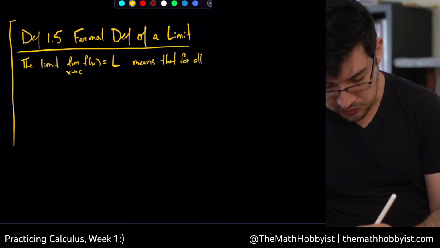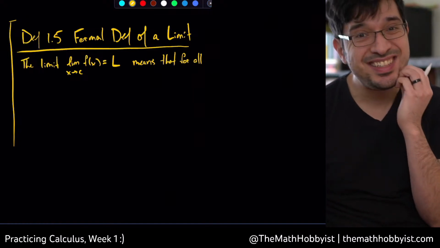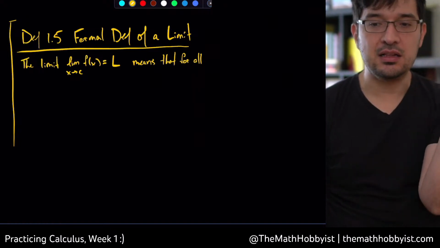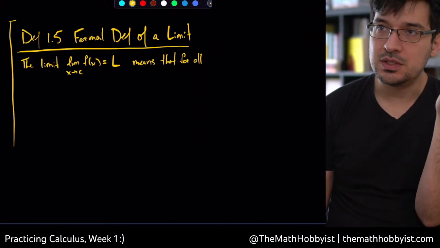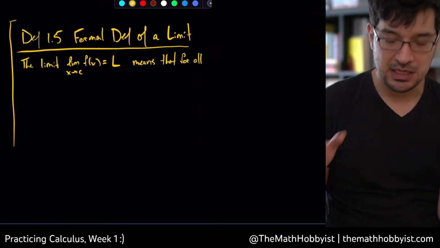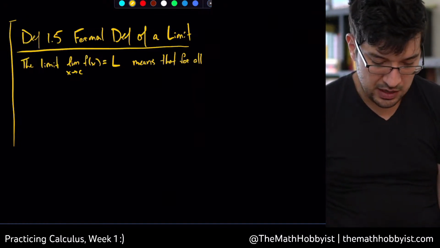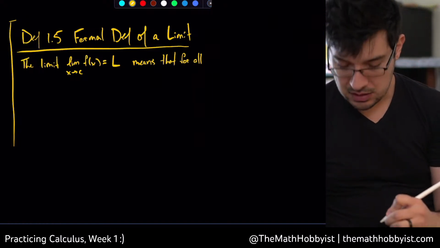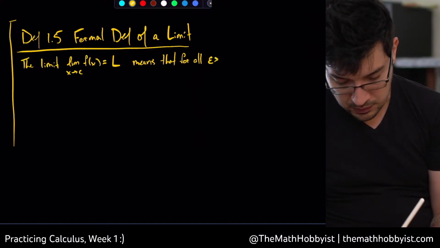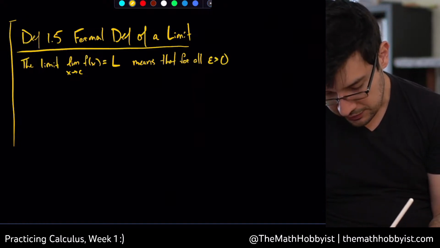My definition was squishy. I was using delta, and I was saying that the value is near L. So now we're going to be more precise about what near means and how we choose that delta.